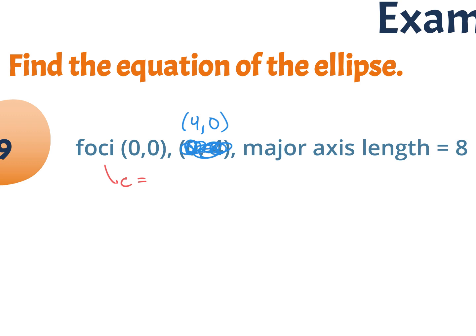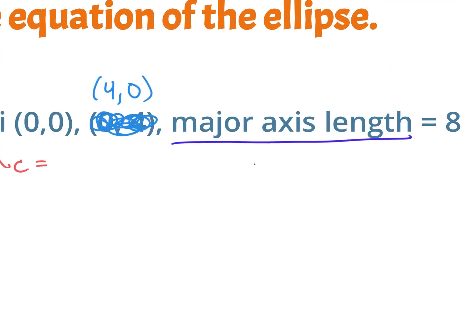What else do I know? Okay. I have my major axis. When I see the word major, I say, oh, that's 2 times A is 8. So what is my A value? 4.